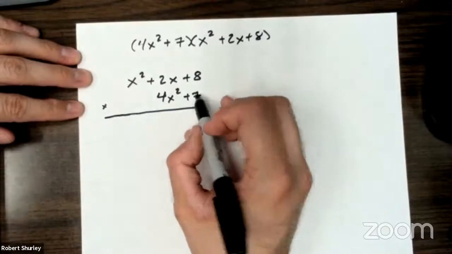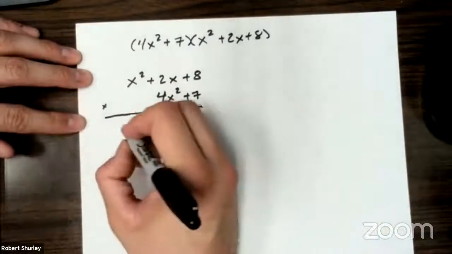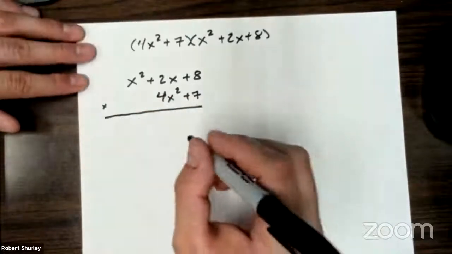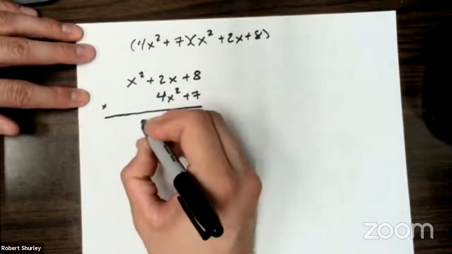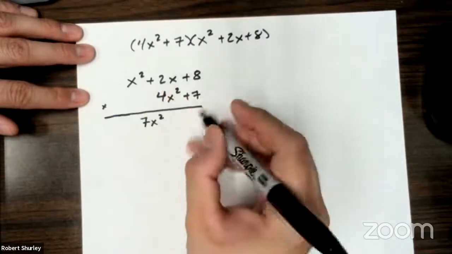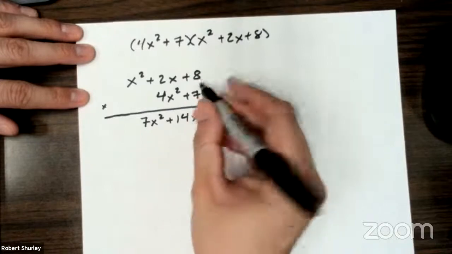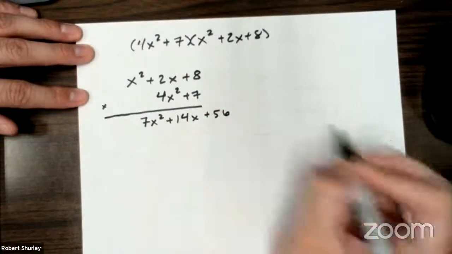First multiply the constant to each term. So 7 times x squared is 7x squared. 7 times 2x is 14x. And 7 times 8 is 56.